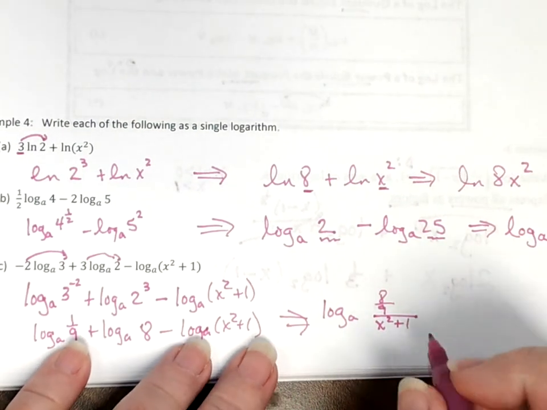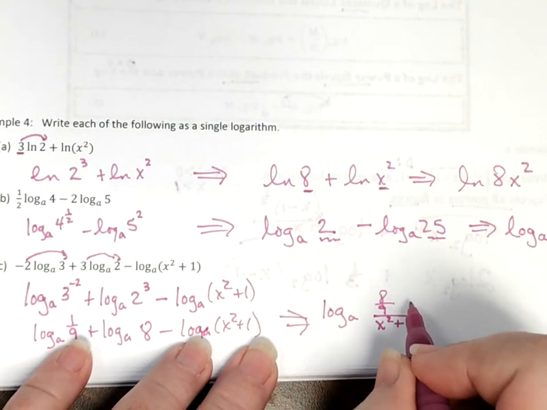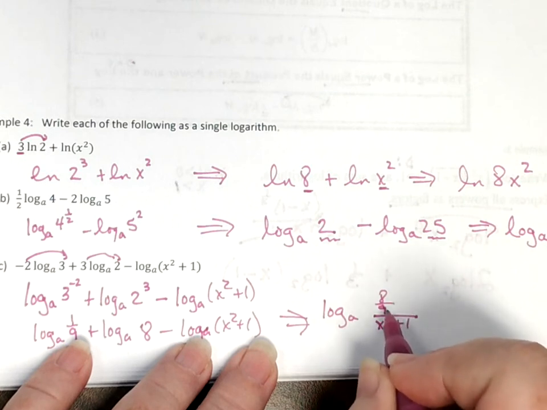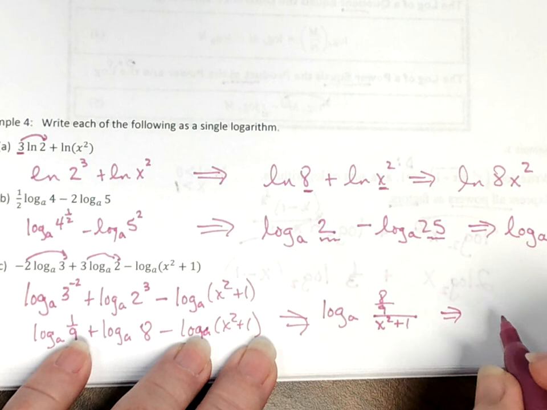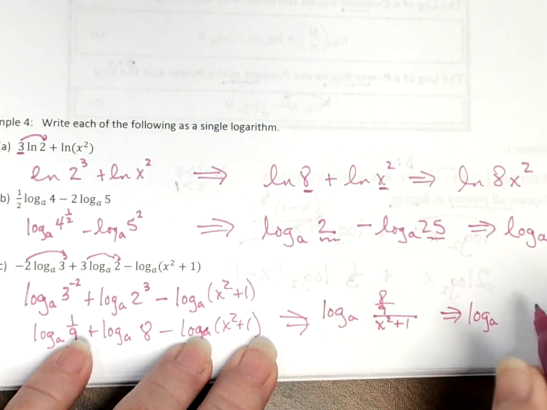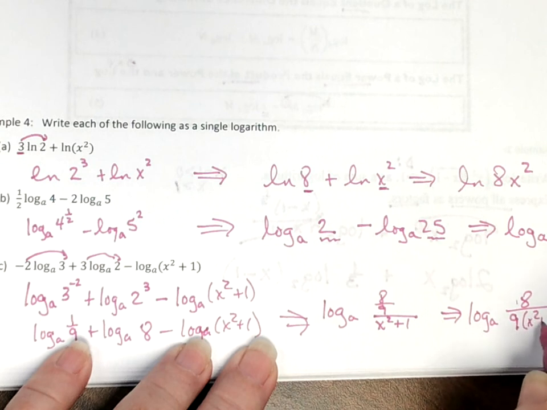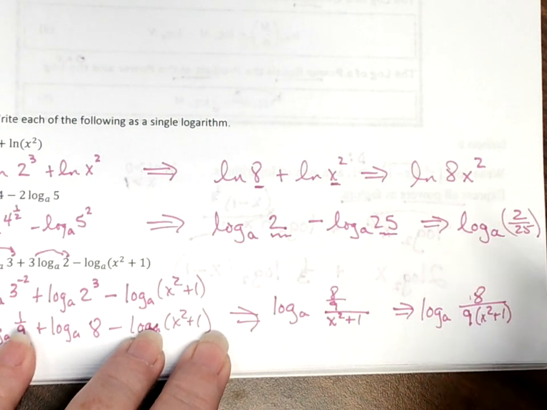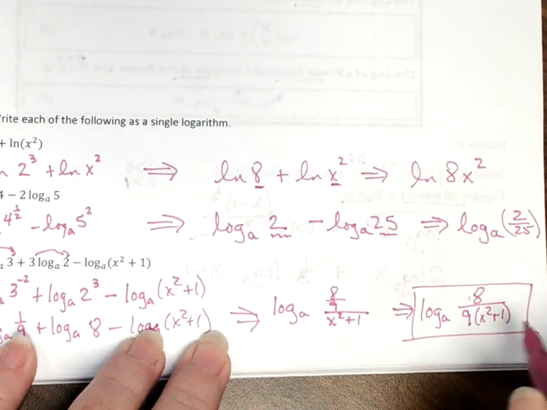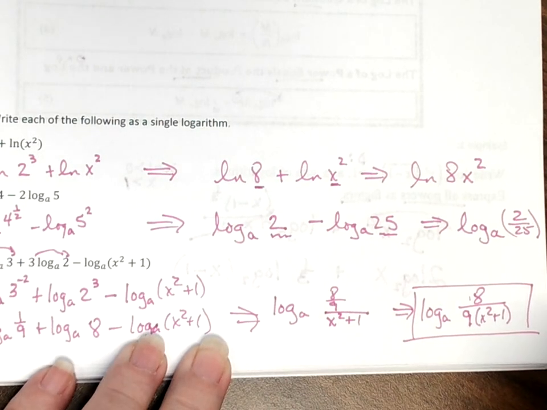We don't like that. So remember, I can multiply the top and the bottom by 9, getting rid of that denominator, and that's going to give me log base a of 8 over 9 times x squared plus 1. We wrote that as a simple, single logarithmic expression.